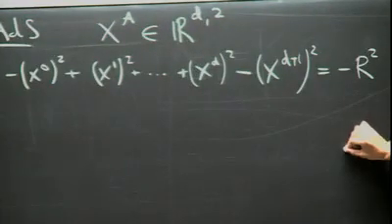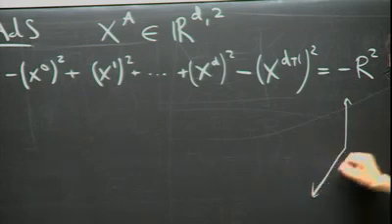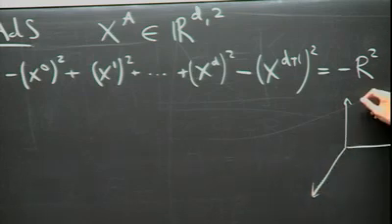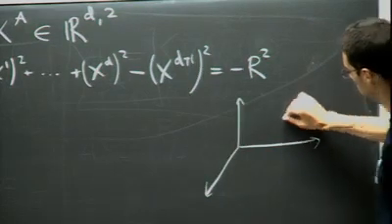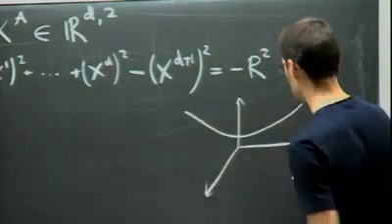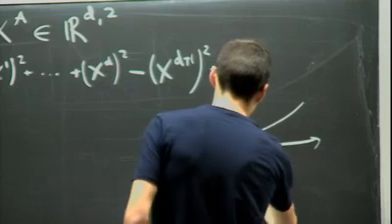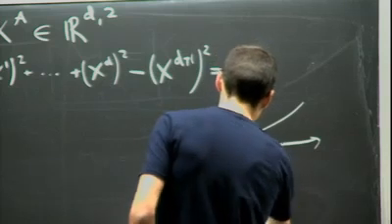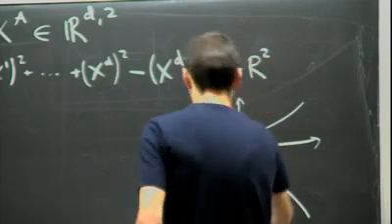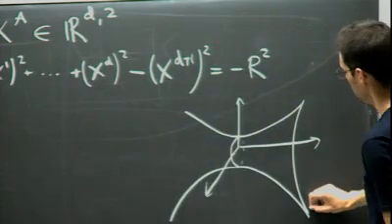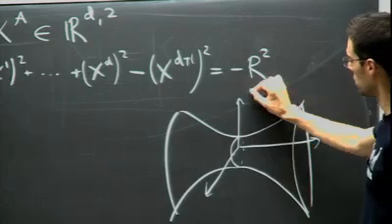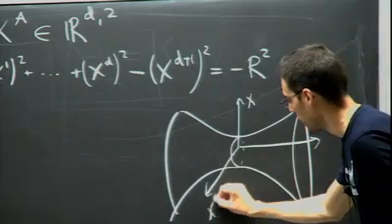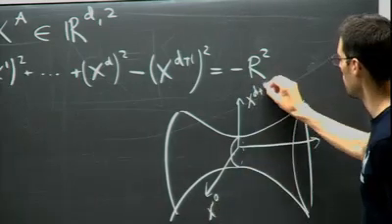So maybe I can draw it here schematically. Let me try to draw. Something like that. Okay, so let's say this is x0 and this is x_(d+1).